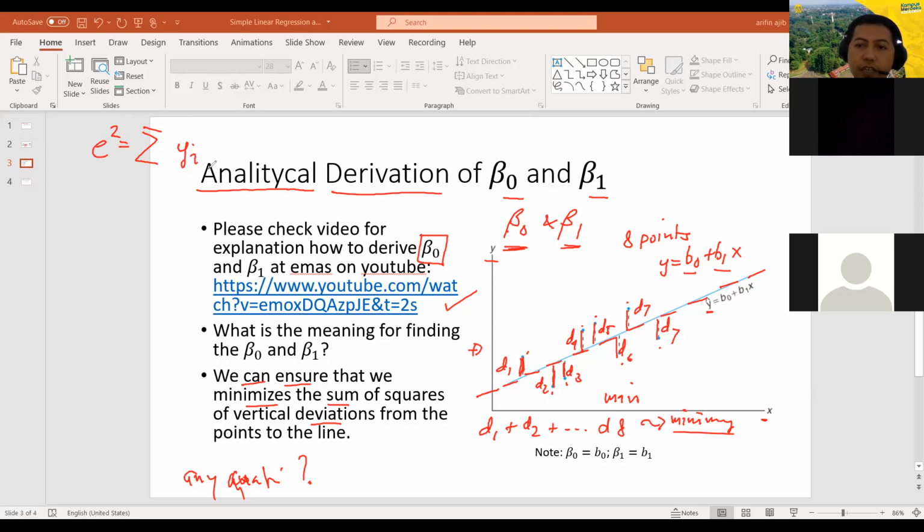This is Y estimated. It means that for each point, let's say 1 and let's say 2, minus the mean.